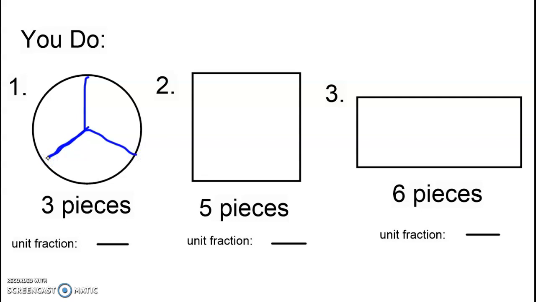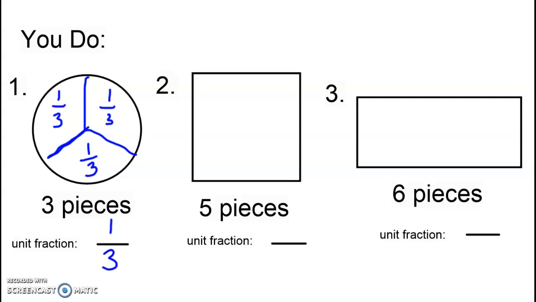If I gave you any one of those pieces of that pie, I would be giving you 1 out of 3 pieces. So this is 1/3, this is 1/3, and this piece is 1/3. They are all labeled with the unit fraction. Tomorrow we'll talk about what happens when you get more than one piece of the pie.